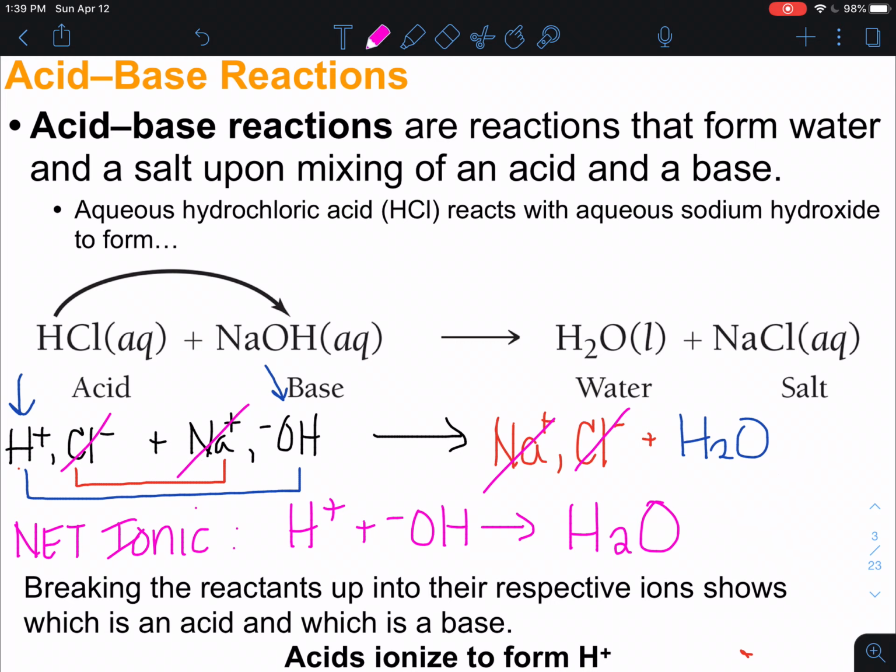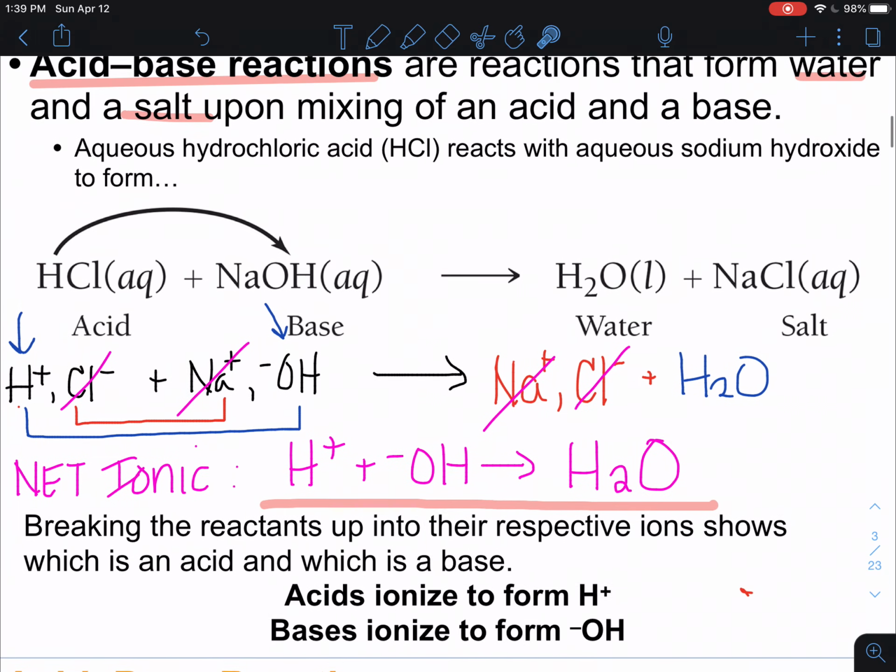So this net ionic is always what these acid-base reactions, for this chapter, that form water and a salt give. If the salt is aqueous, this is always going to be our net ionic: H+ plus OH- goes to water.